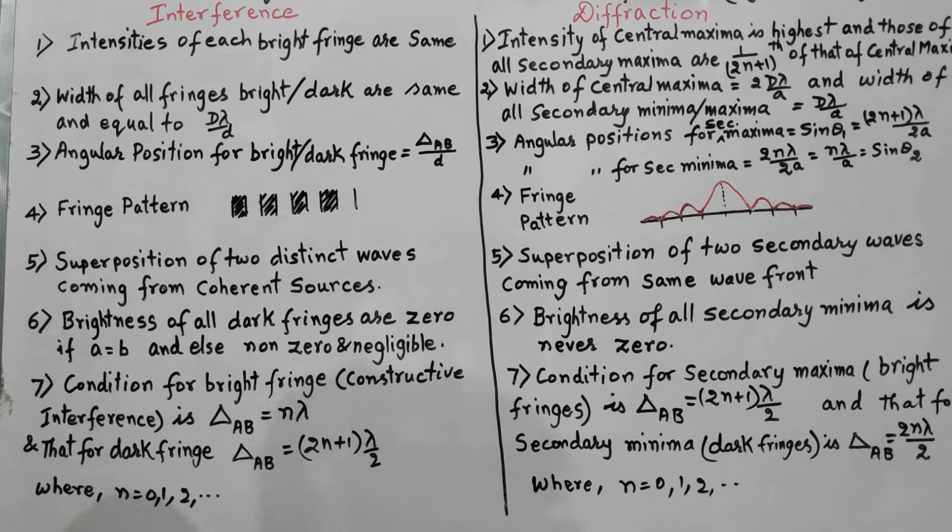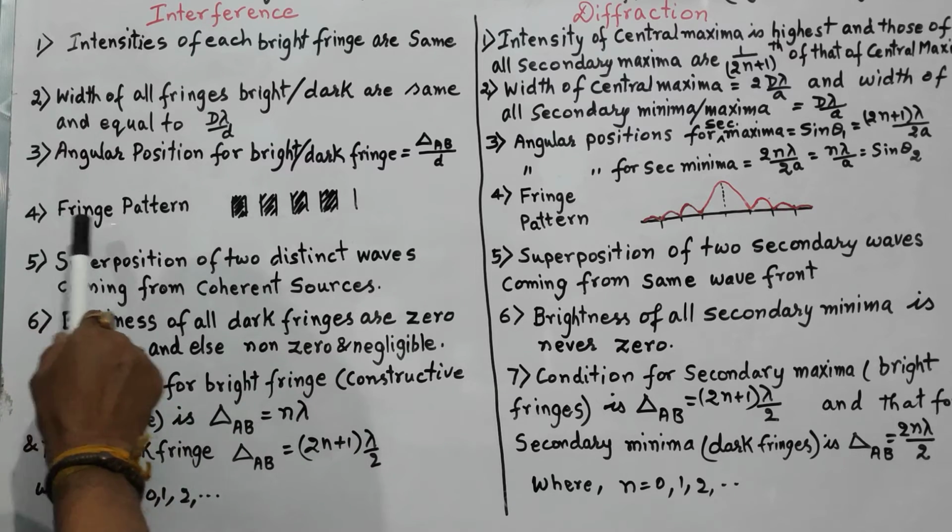The angular separation for the central maxima is a/2 divided by capital D, that is the angular separation for the central maxima.